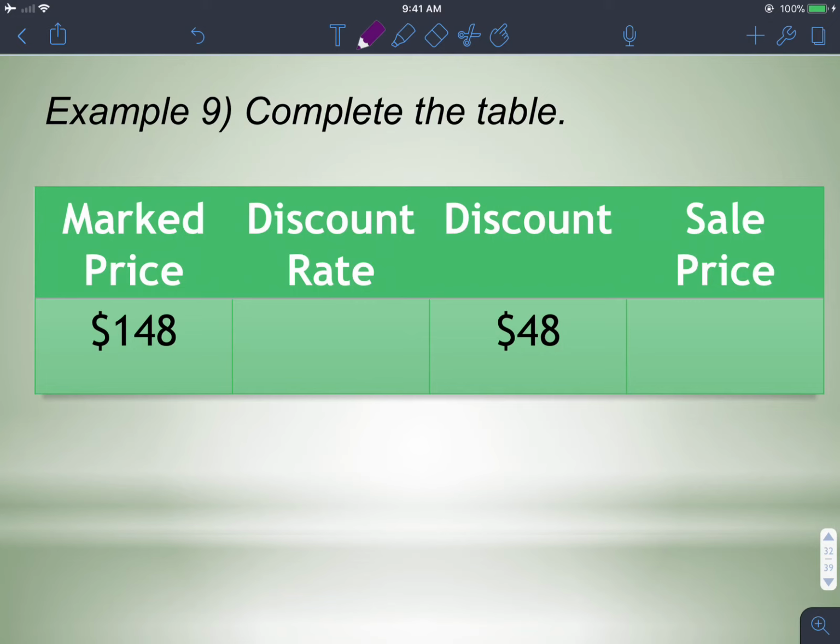All right, now this one is kind of the backwards way. I think you'll definitely see a table question too. The marked price is $148. You're saving $48. How could you find the sale price?